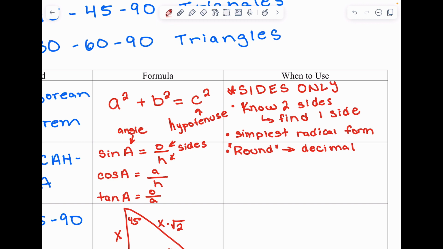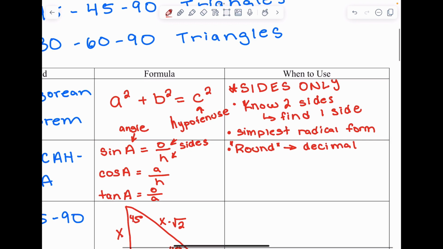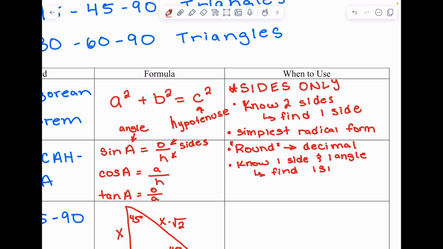And let's think about our slots for a SOHCAHTOA problem. We have 2 sides and an angle. So we would use SOHCAHTOA if we know 1 side and 1 angle, and we're trying to find the other side. Or if we know 2 sides and we're trying to find the angle, and that's when we would use inverse.